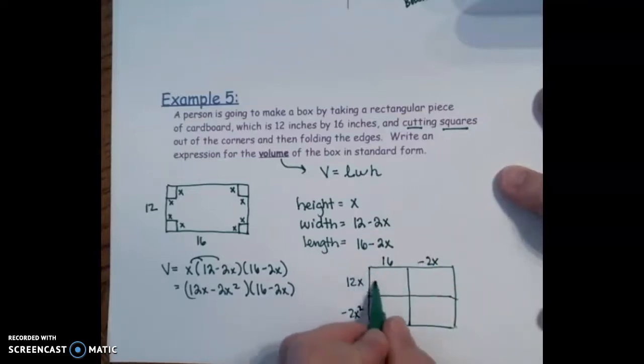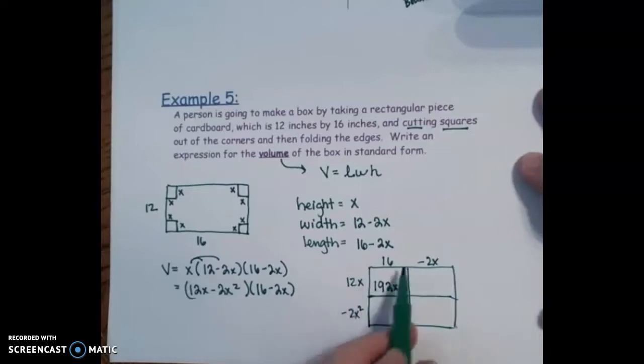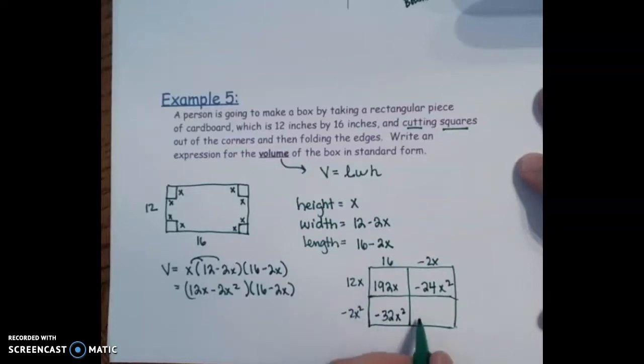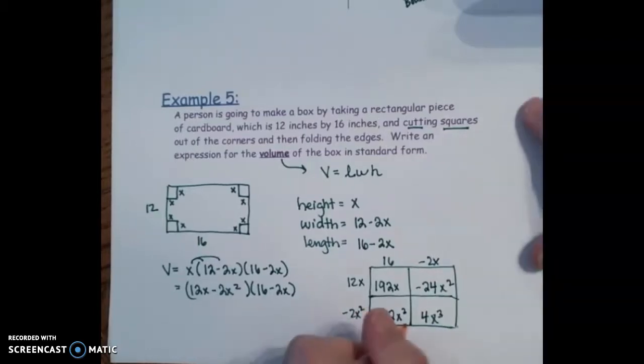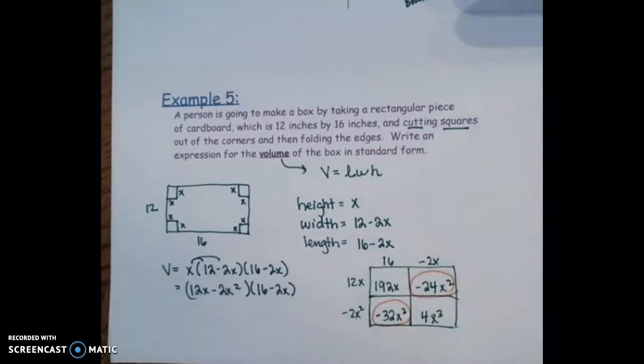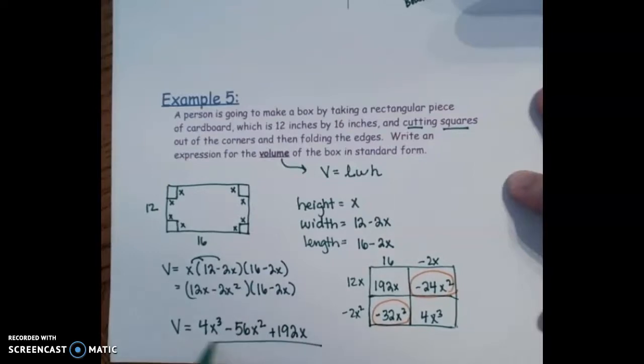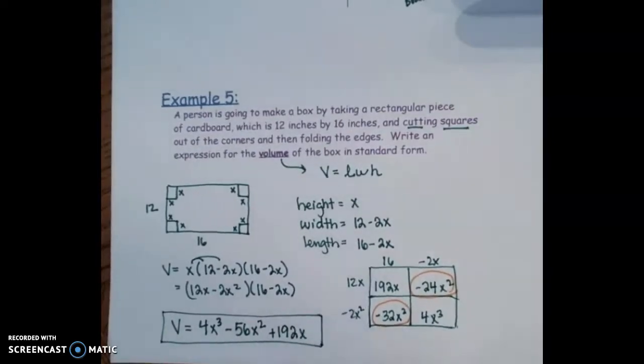So 12x times 16 is going to give us 192x. This will give us negative 24x squared. This will give us negative 32x squared, and then 4x to the third. So we do have some like terms here. And you want to put it in descending order. So our volume would be 4x to the third minus 56x squared plus 192x. So that would be the expression that represents the volume of that box.